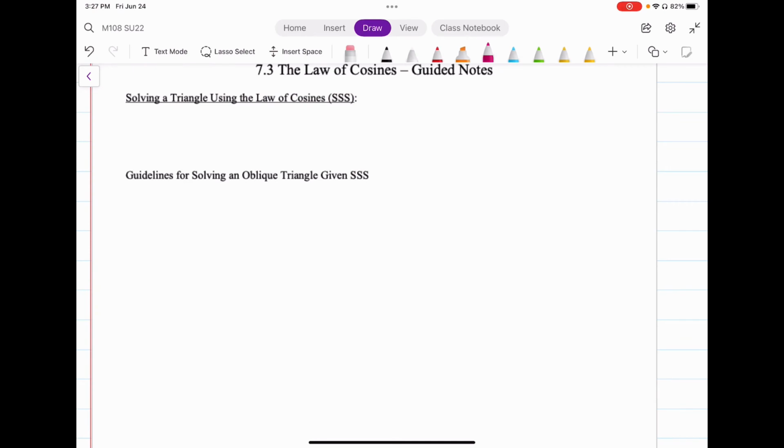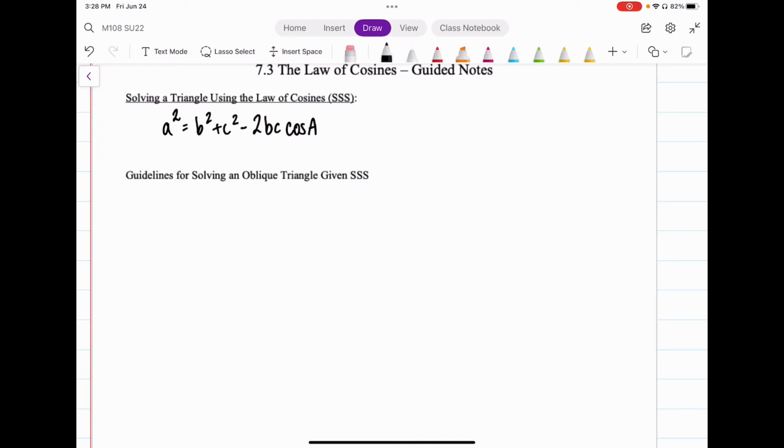When you have a triangle that has 3 sides known and no angle measure known, then we need to use the alternate form of the law of cosines. When I'm writing the law of cosines, let's say I'm trying to find side a. a squared is equal to the other 2 sides squared, summed, and then I take away twice the product of those 2 sides, bc, times the cosine of the angle of the side I'm trying to find.